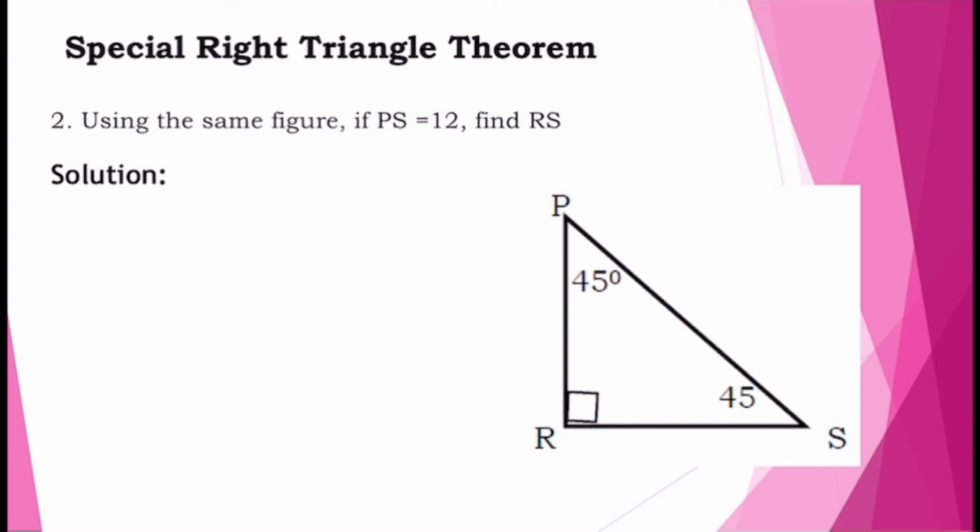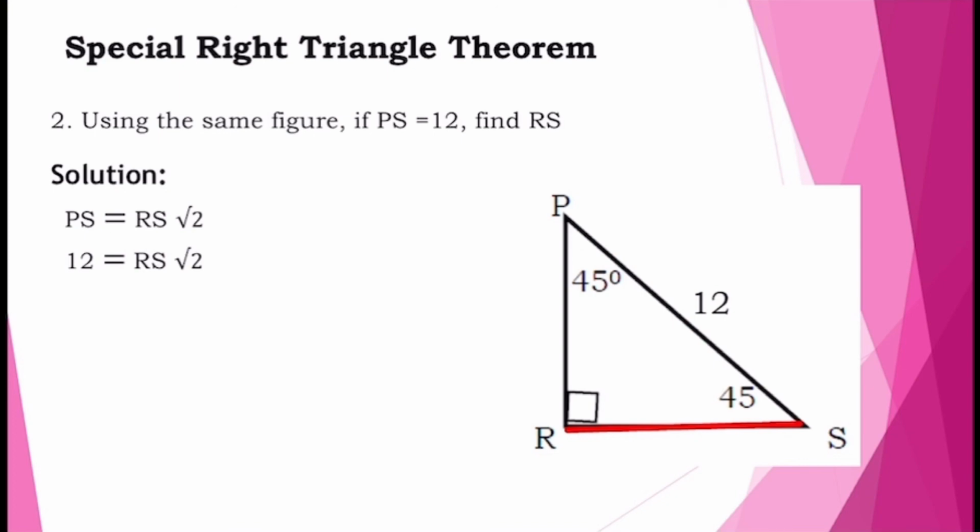Since we're looking for RS, and the given here is our hypotenuse, which is 12, we know that PS is equal to RS times the square root of 2. Let's substitute the value of our PS, which is our hypotenuse. So we have 12 is equal to RS times square root of 2.